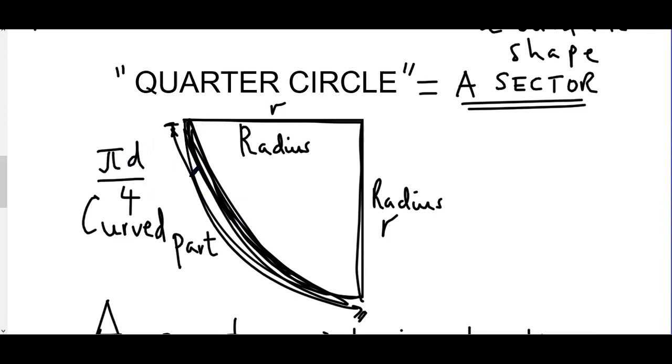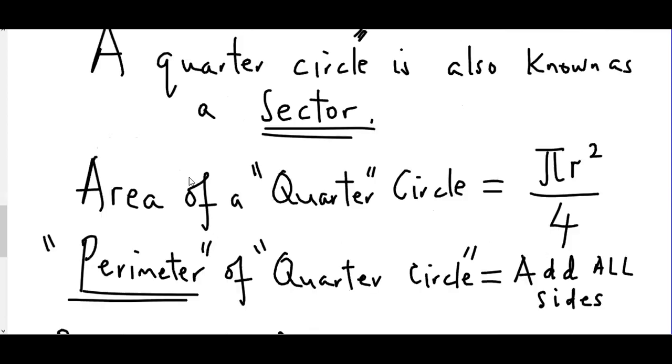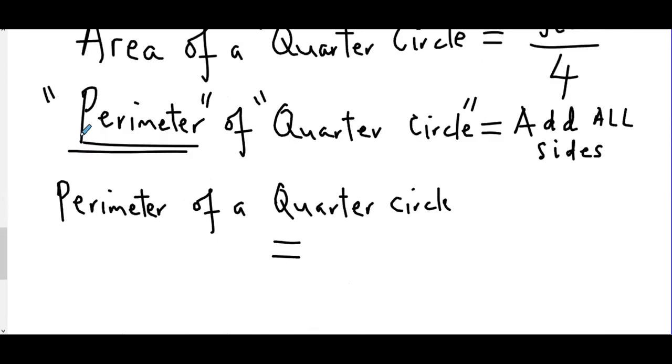So what will be the formula for the perimeter of a quarter circle? I'll go ahead adding the two radius: r plus r plus pi d divided by 4.